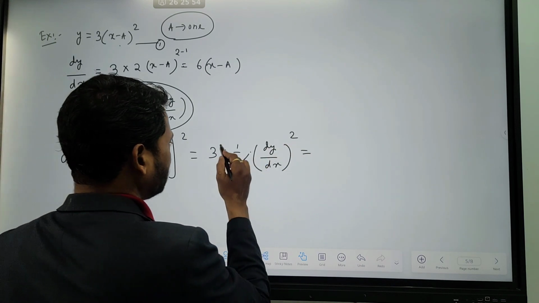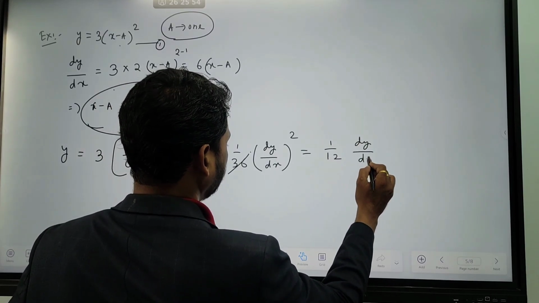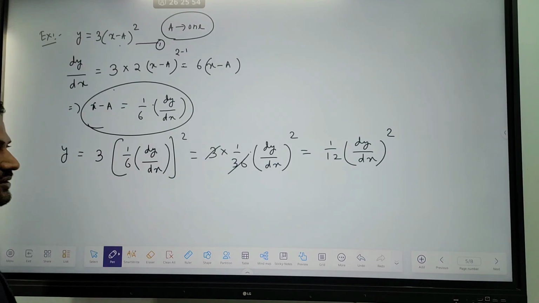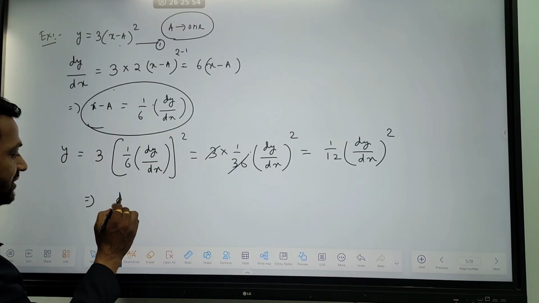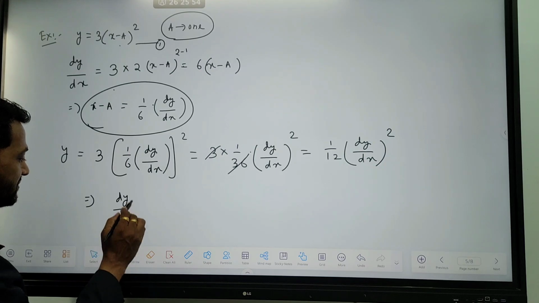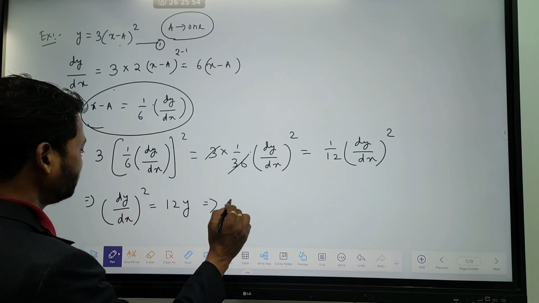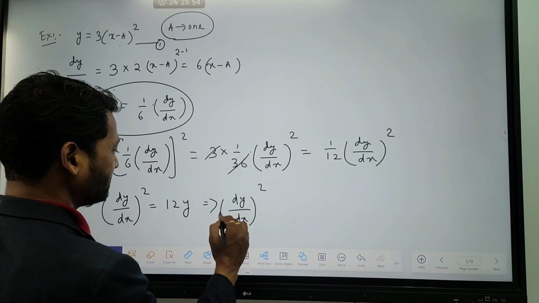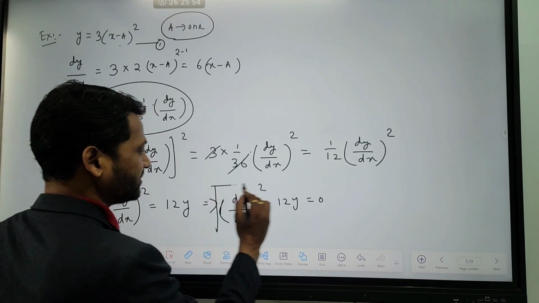So here it is 1 by 12 into dy by dx whole square. Is it clear? Now if I cross multiply this, I get dy by dx whole square equal to 12 into y. So I can write dy by dx whole square minus 12y equal to 0. This is your differential equation.